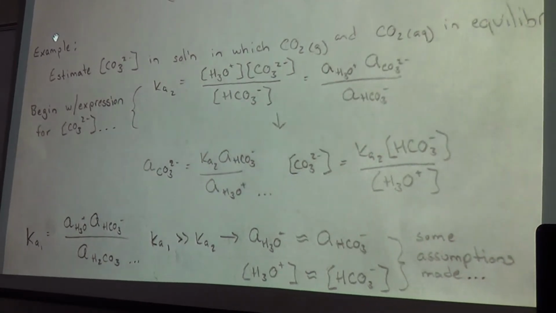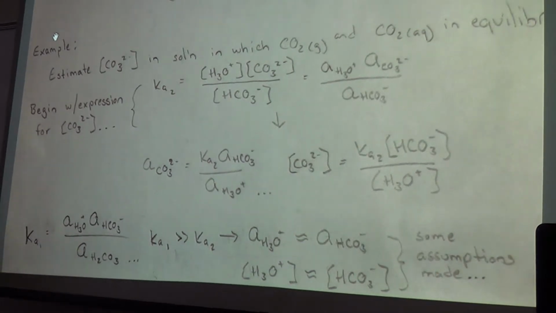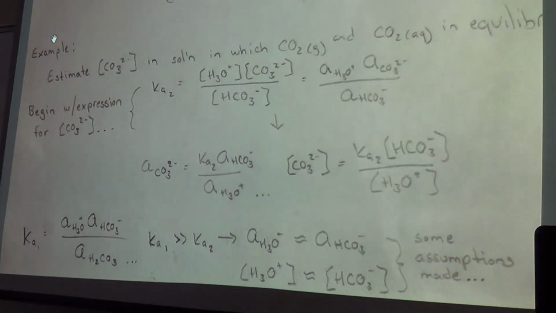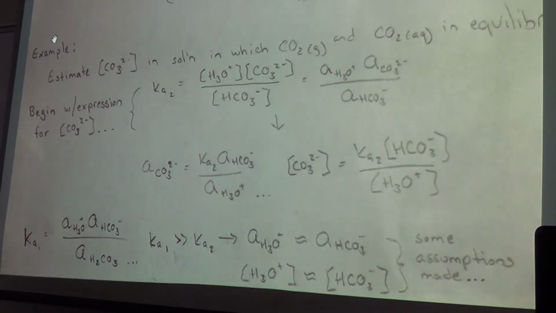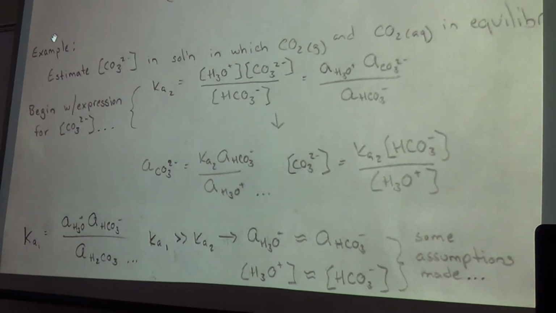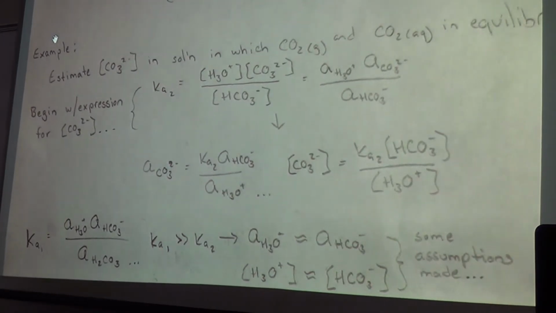In reality, the concentration of H3O+ is governed by Ka1 and Ka2, and the concentration of HCO3- is governed by Ka1 and Ka2. Those are both subjected to reactions that change their concentrations. But in this case, because Ka1 is so much larger than Ka2, we're just going to run the assumption that these two concentrations are equal.